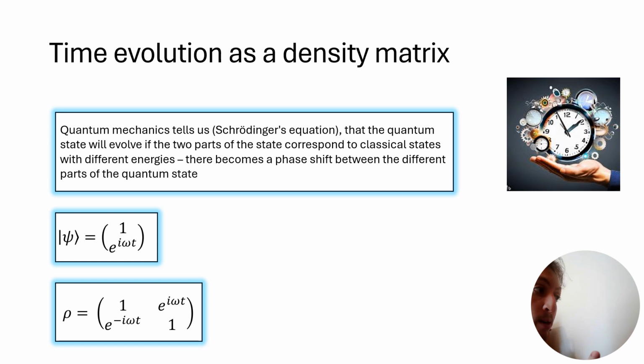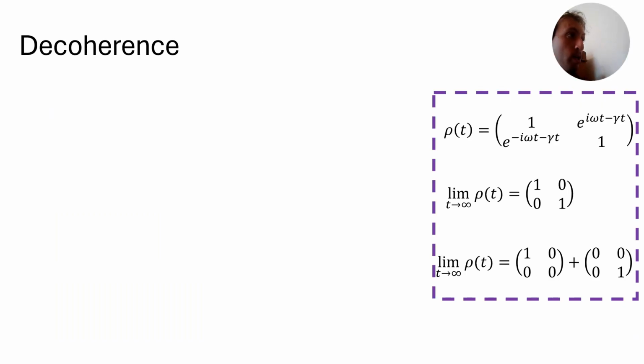Now we've built up a way to describe a quantum state using a density matrix, and also we've discussed how density matrices can be used to describe mixed classical states. So we've now got to really the pinnacle of this video, so don't worry if you look at these equations and you're a little confused about what's going on.